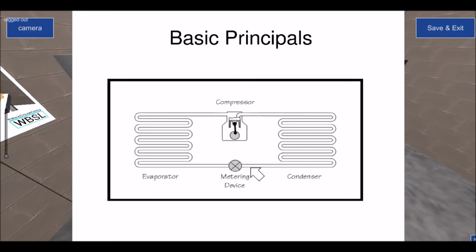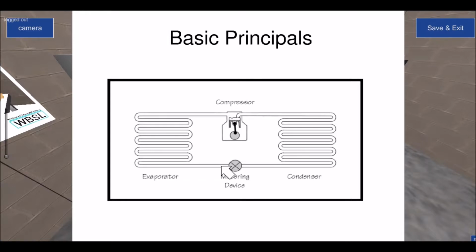And the reason for subcooling the liquid line is to make sure that we minimize the amount of flashing that takes place in the actual metering device, so that we maximize the amount of liquid that we have inside the evaporator. And it's important because the more liquid you have in the evaporator, the more efficient the evaporator will be.